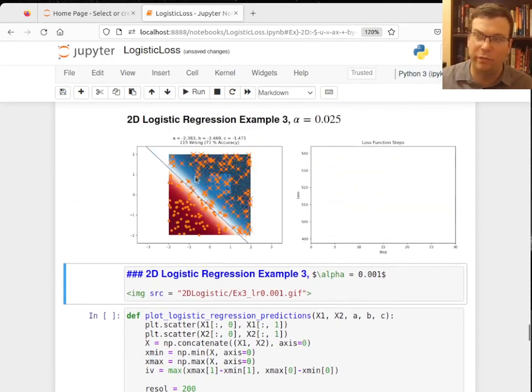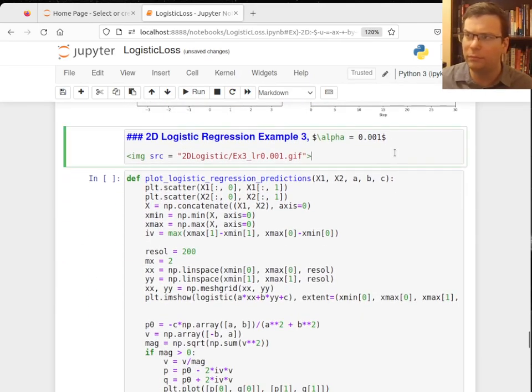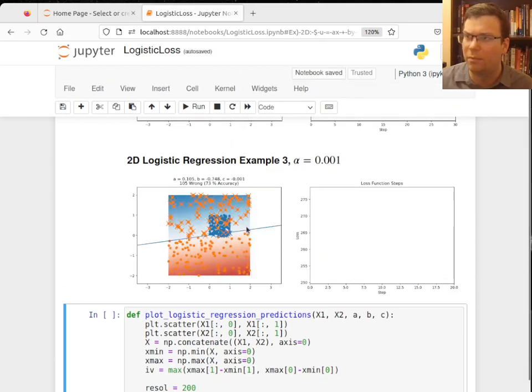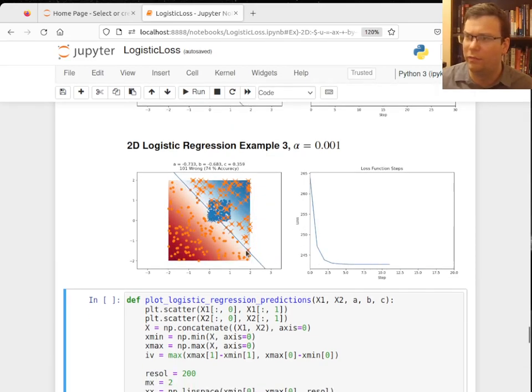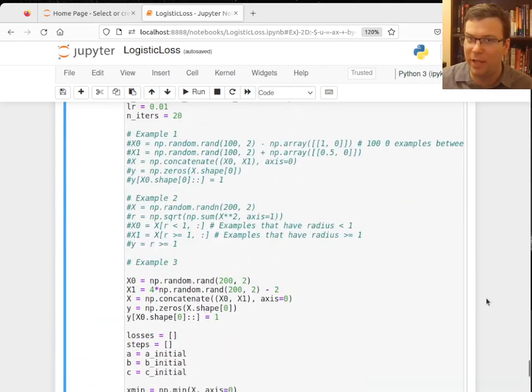Any basin that you find in your parameter space can have this happen. Okay, just to show you, here's the example nicely here. We can get up to about 75% accuracy on this, if we end up dividing it with this kind of diagonal line there. So anyway, I have code below to do that as well, if you want to play around with that.